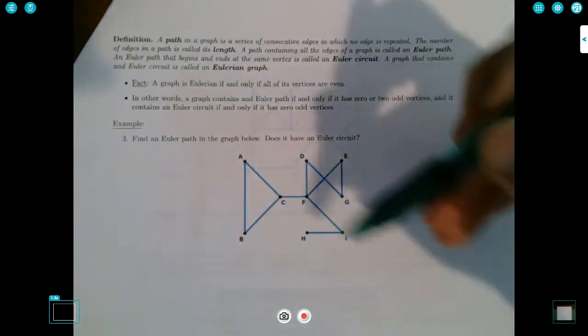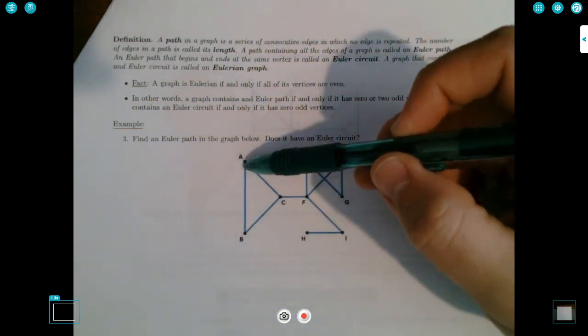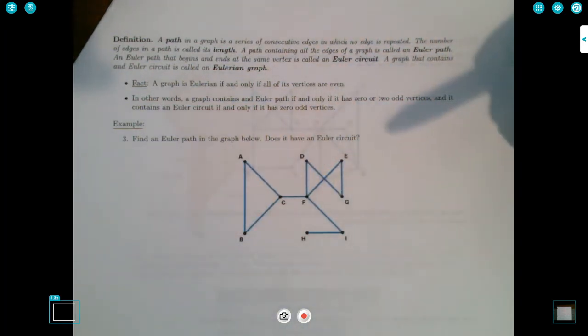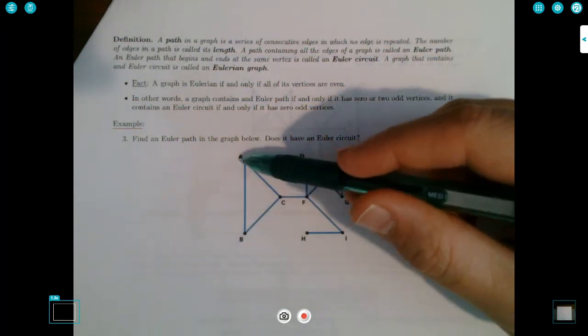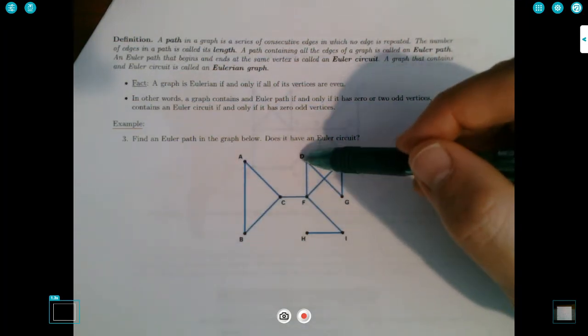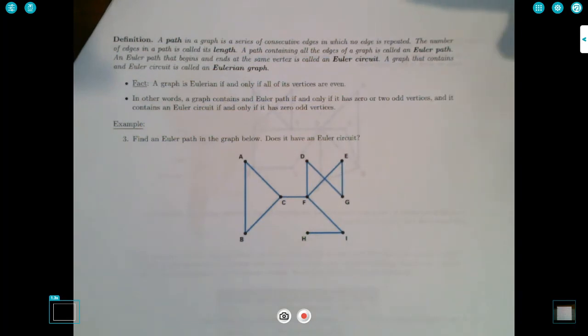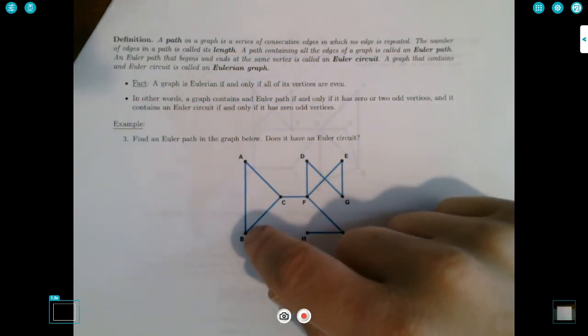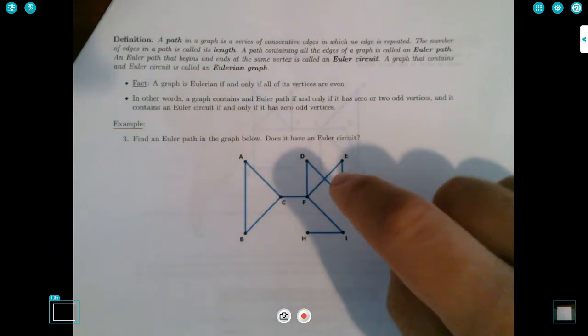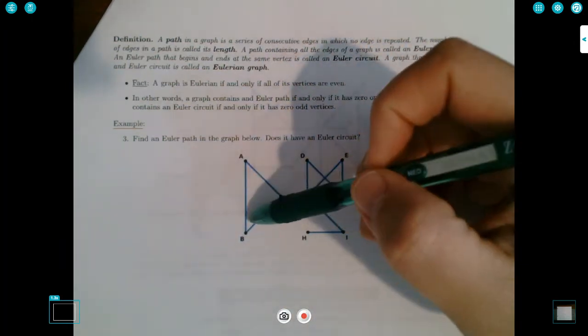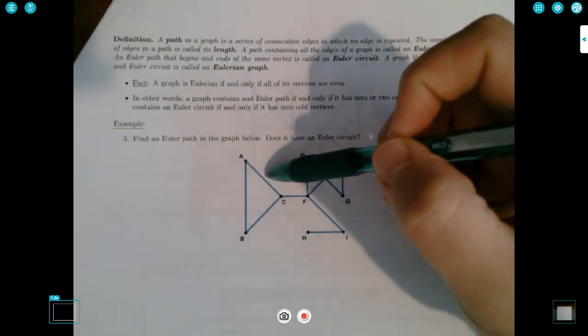So for example, BACF is a path. Or BACFDG is another path, right? These are all paths. The path BAC would have length 2 because you only go over this edge and this edge, so 2 edges.